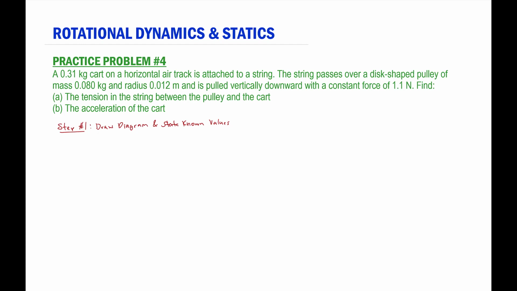So we should draw any free body diagrams here too, and remember to put in a coordinate system whenever necessary. So we'll do a general overview of the problem. We first have some sort of air track that's probably resting on a table. So we'll call this the air track.